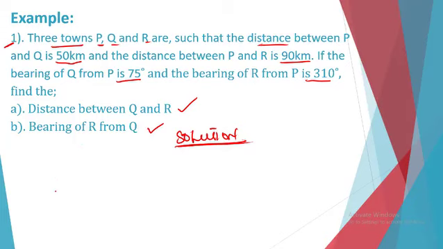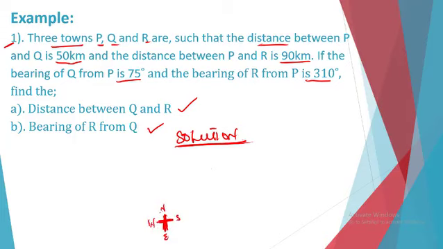From the information provided, we are told that there are 3 towns, and these 3 towns are P, Q, and R. So let us start. We have this point. Remember, we have north, south, east, and west.